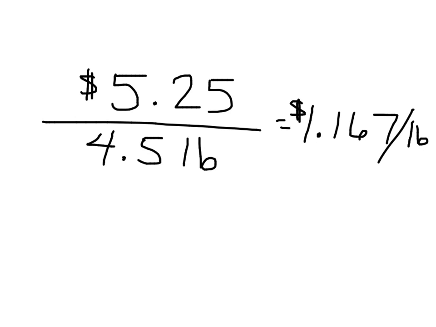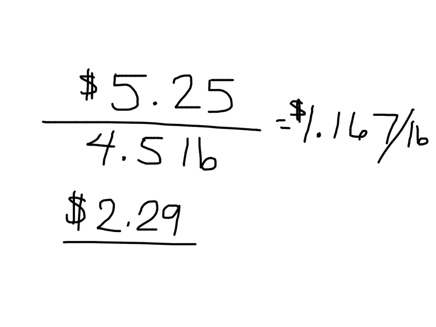Number 2, a 20-count package of plastic storage bags costs $2.29. So the price, $2.29, goes on top, and the 20 bags go on the bottom. What is $2.29 divided by 20?